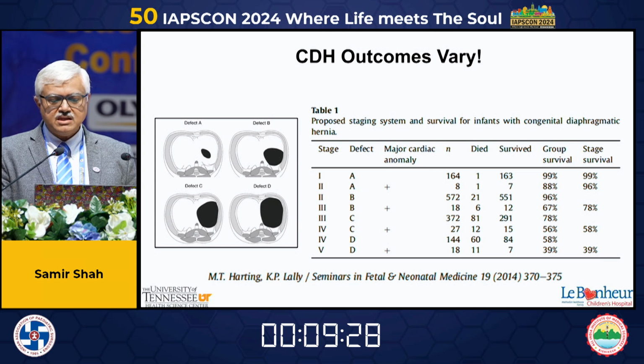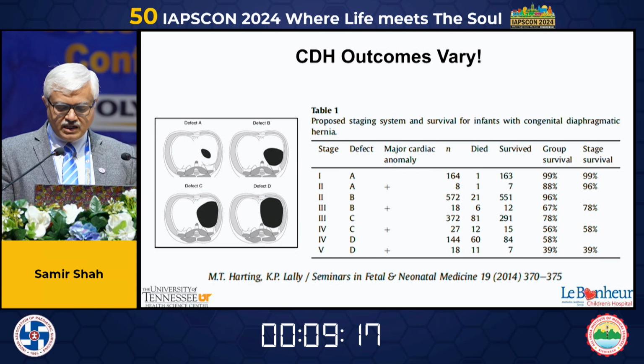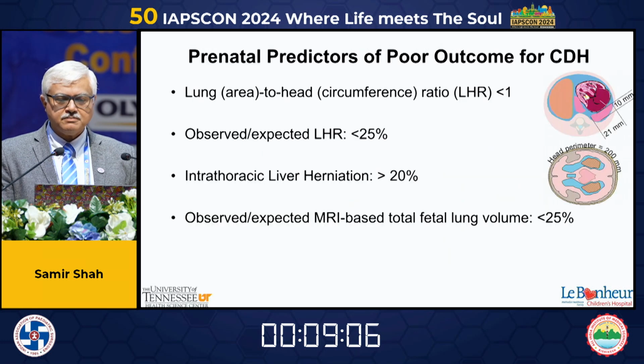The stage 1 can have a survival of 99%, whereas stage 4D and stage 5D have a stage survival of 39%. So the question that needs to be asked is, why is there a difference, and how do we predict which of these patients can have a poor outcome?